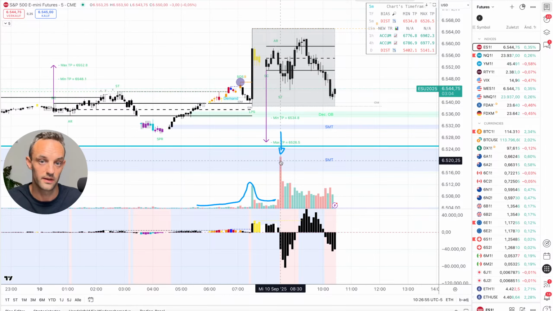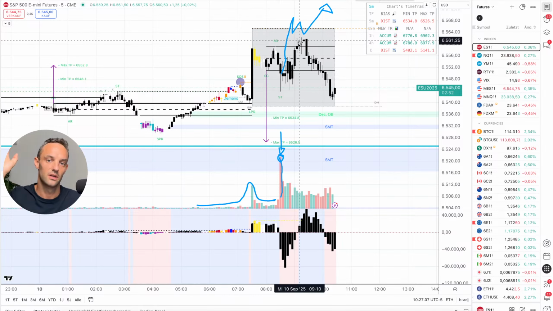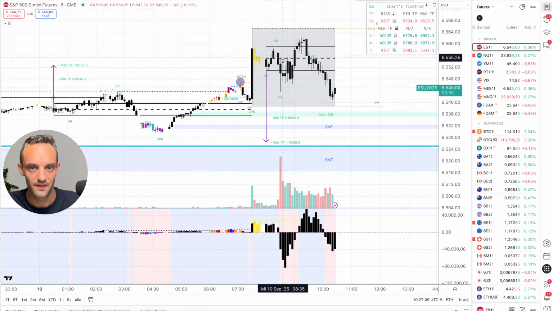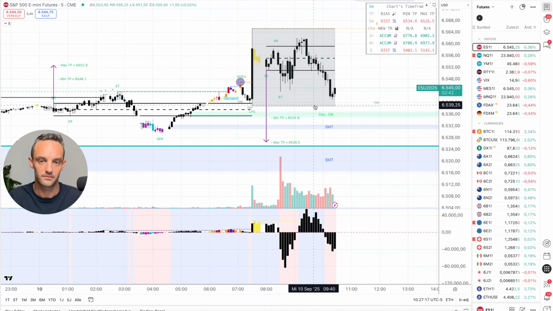So that's where the US opening happened. And usually this volume will push it, if they are strong, to new all-time highs, and they will continue to the upside. But they didn't. They just made it to these lows, chopped around, went to the top, and continued lower.